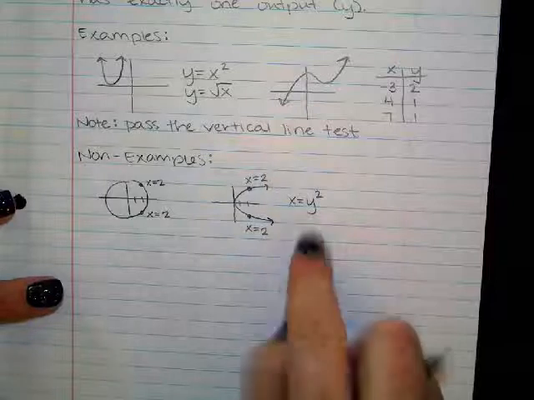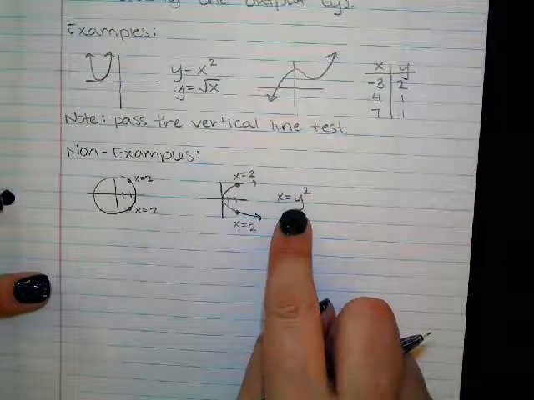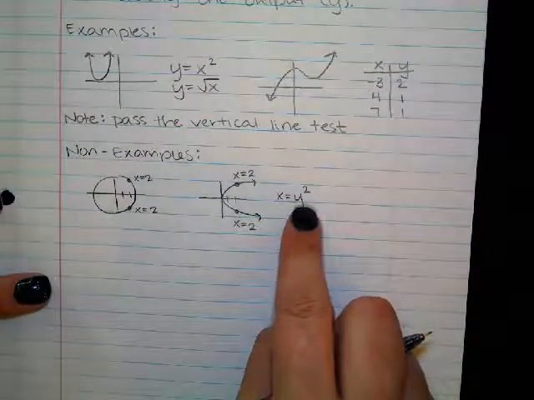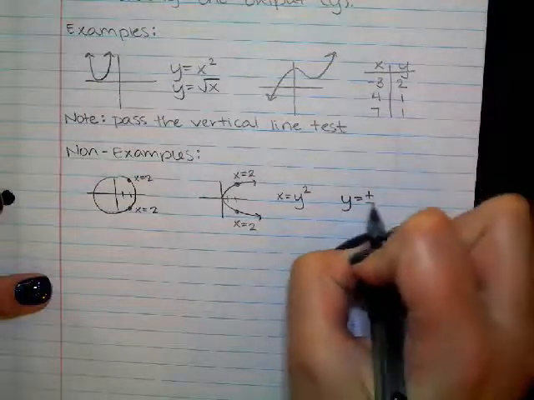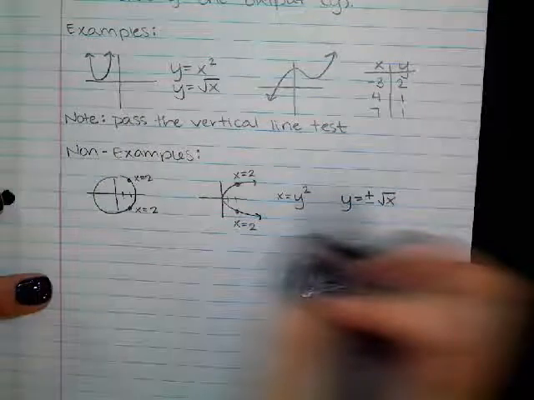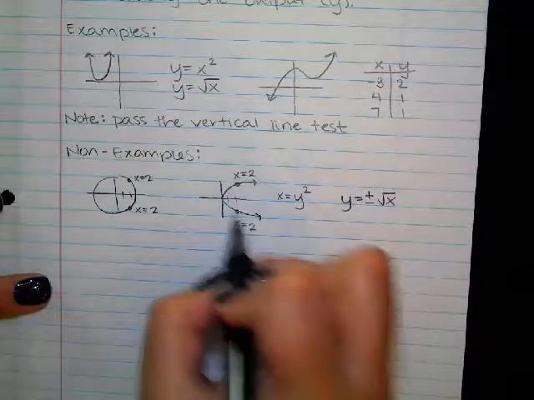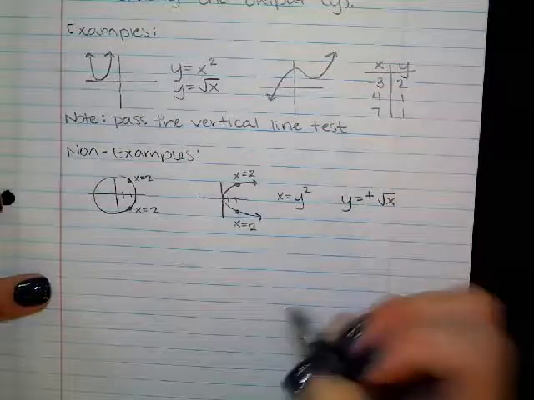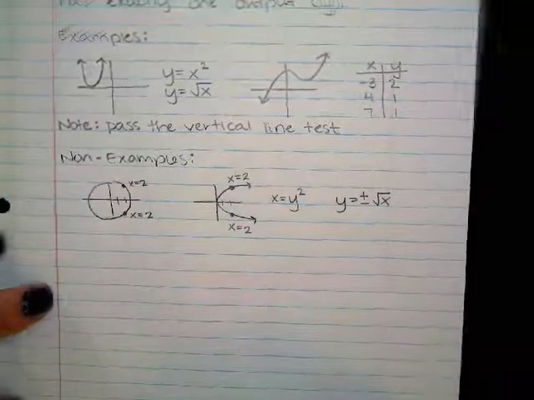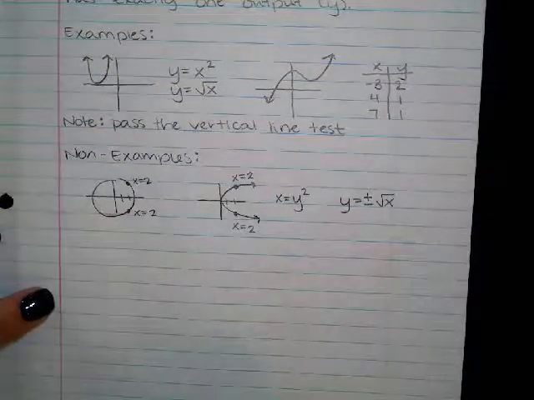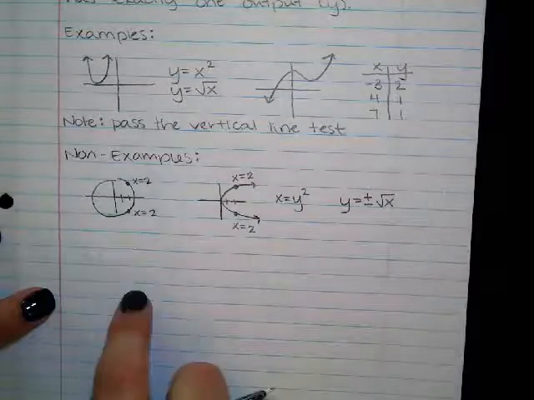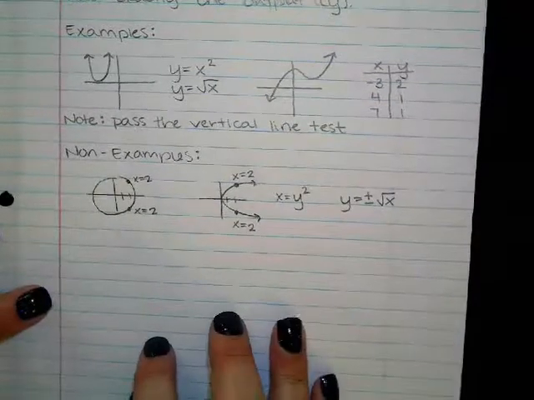And if you were to go a step further and try to solve that for y, get the y alone, that would be y equals positive and negative square root x. Positive square root x for the top, negative square root x for the bottom. And that's actually what makes it so it's not a function. You have two different outputs for the same input. Positive 2, plus or minus for your outputs.